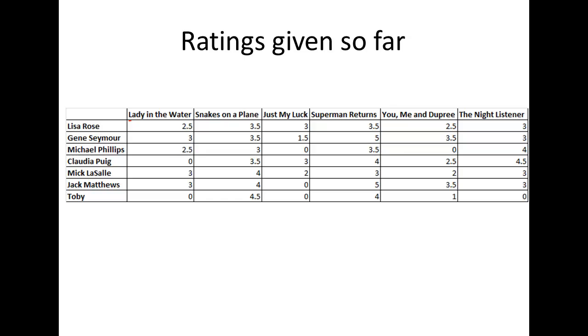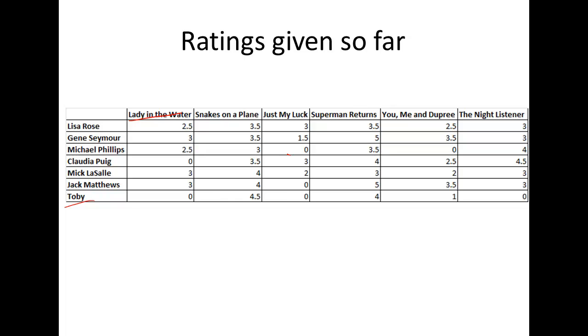Here is the data table with our data. We have 1, 2, 3, 4, 5, 6 movies. And we have actually 6 movie critics, plus the 7th, Toby himself. All the ratings that have been given to the movies are listed here.